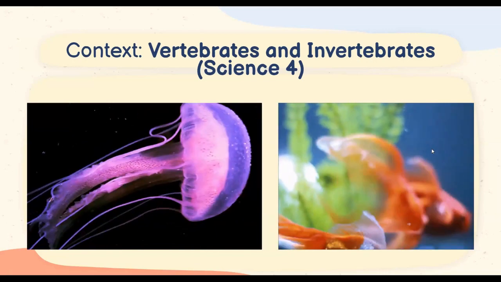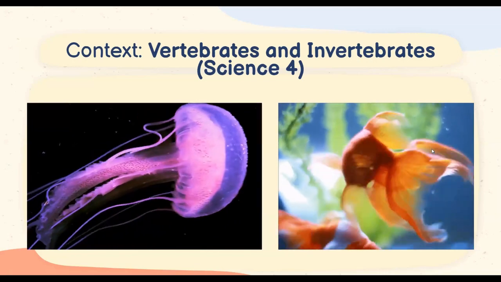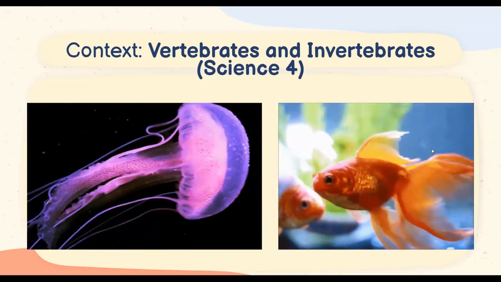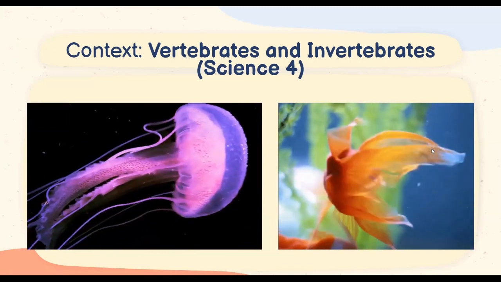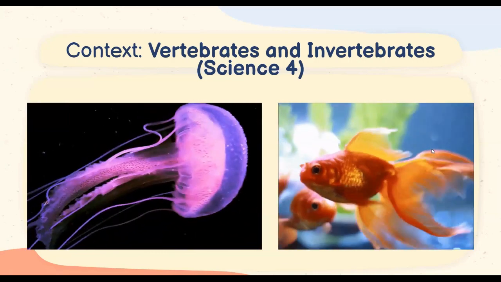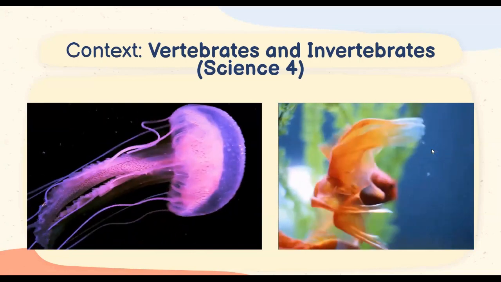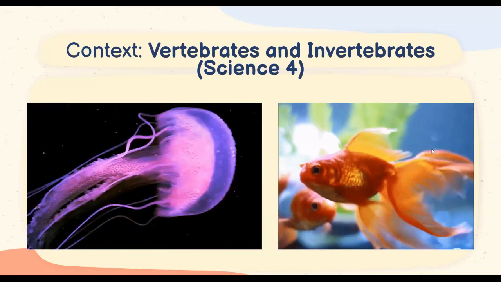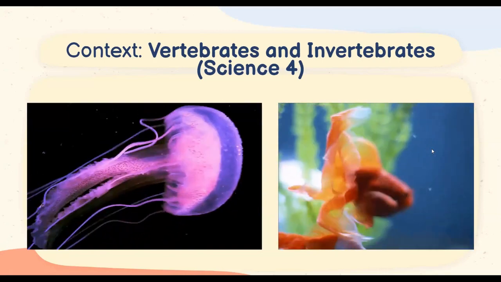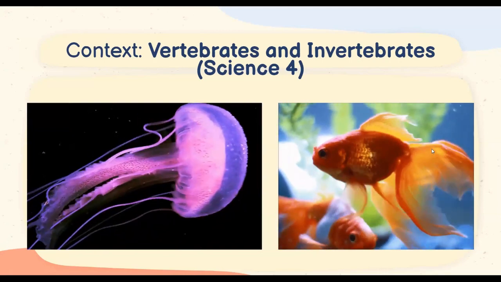Right, next. Some other higher order thinking skills. So how do invertebrates protect their body if they don't have bones? For example, for invertebrates, how do vertebrates reproduce? So what is their importance in balancing the ecosystem?